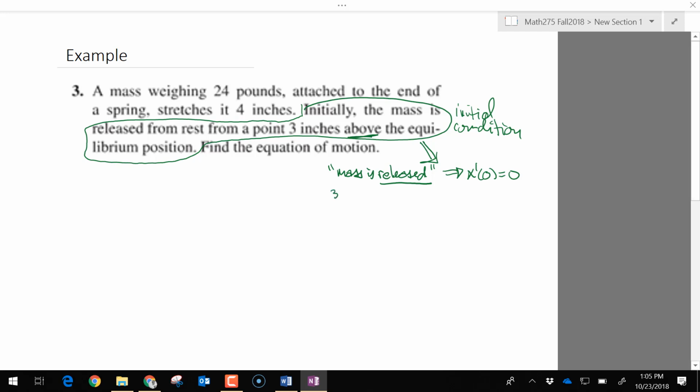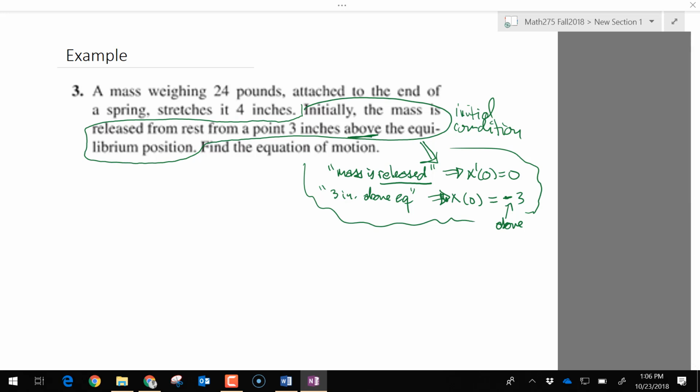So 3 inches above equilibrium, the initial position is going to be -3. And that's your set of initial conditions that you're going to use for your differential equation. Say it again: if it's above, it's negative. If it's below, it's positive.